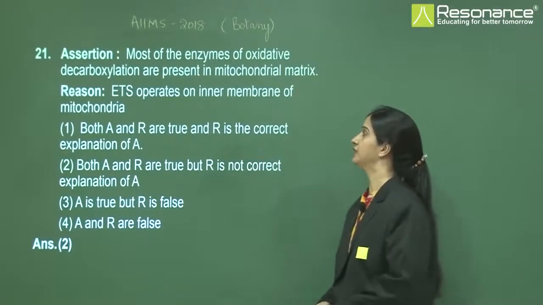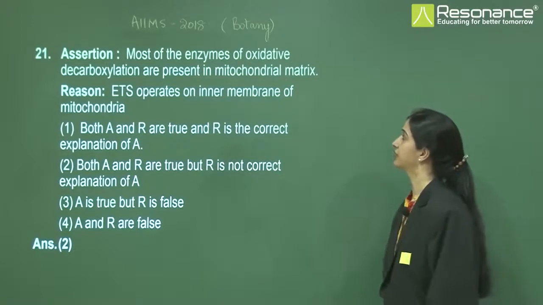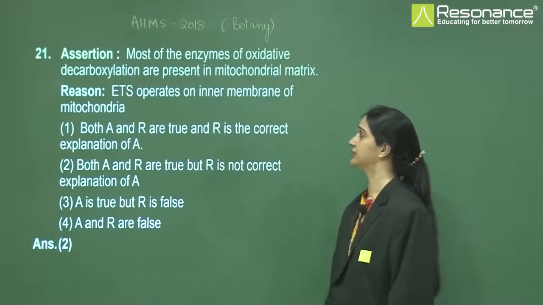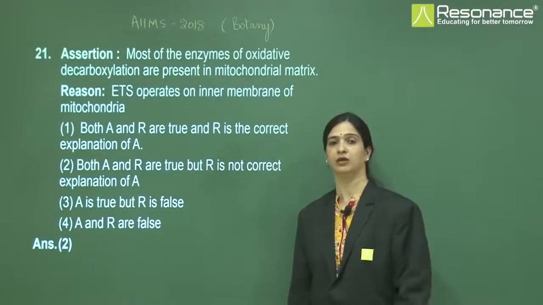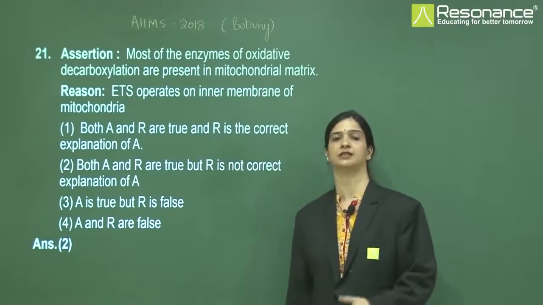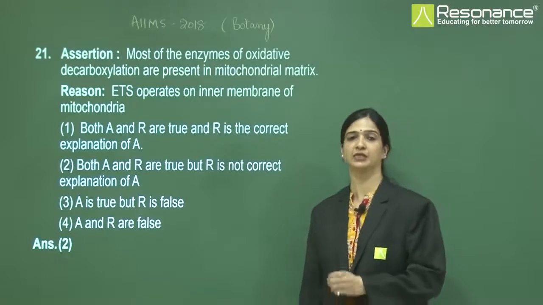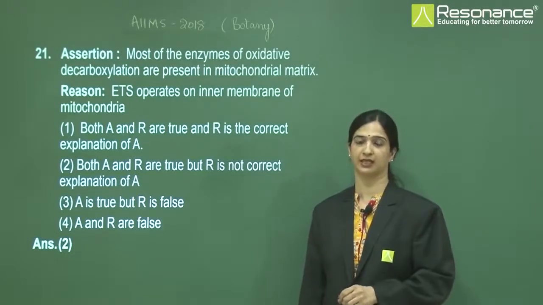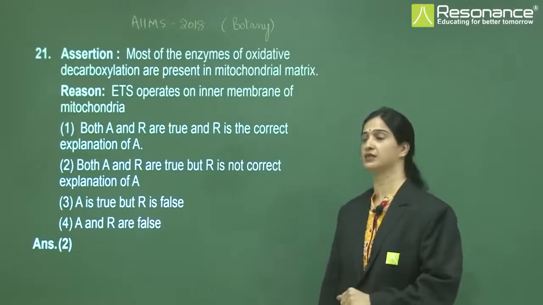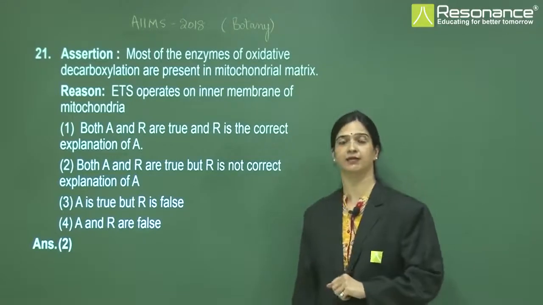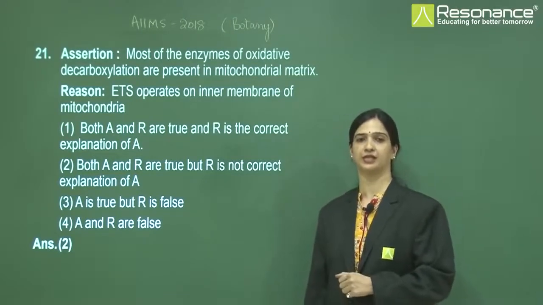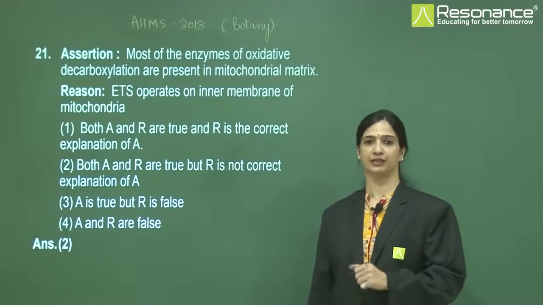Question number 21, assertion: most of the enzymes of oxidative decarboxylation are present in the mitochondrial matrix. What is oxidative decarboxylation? It is a type of an oxidation reaction in which the carboxylate group is removed in the form of carbon dioxide. Most of the enzymes are present in the mitochondrial matrix itself, like isocitrate dehydrogenase, alpha ketoglutarate dehydrogenase.